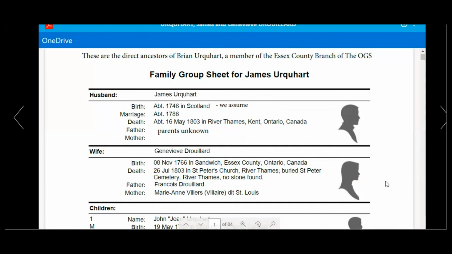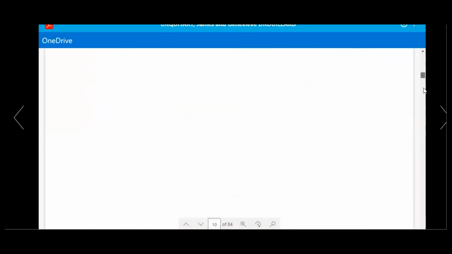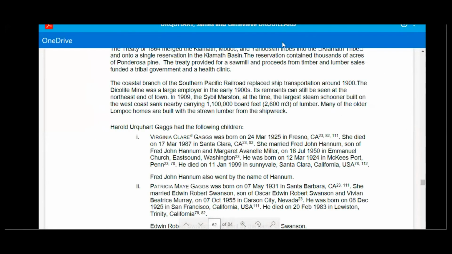And this is something that was presented by the descendants of these Urquharts. So you can take a look at all the different families that might be included. And if you're searching for an actual name of somebody that might be included in the Urquharts, for example, I'll put in Droulard.